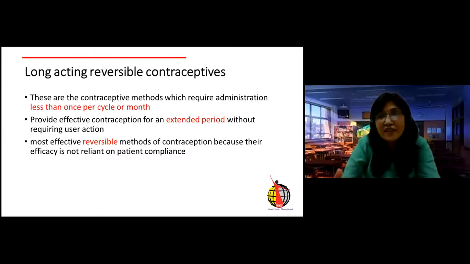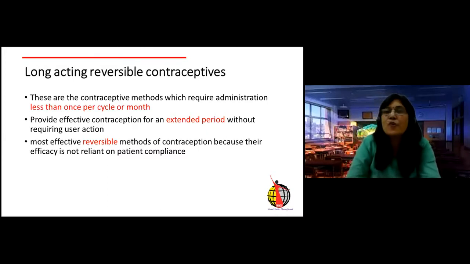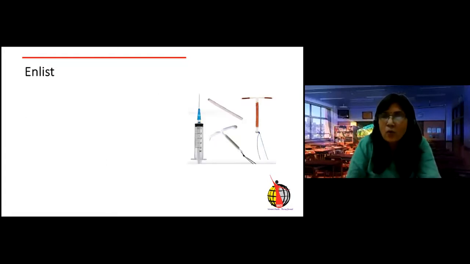Once you have given the injectable, there is no need to worry about patient compliance. So that is what is called a LARC. Now, a question for you: can you enlist certain LARCs? The pictures are already given there, so you can test yourself if you know LARCs.